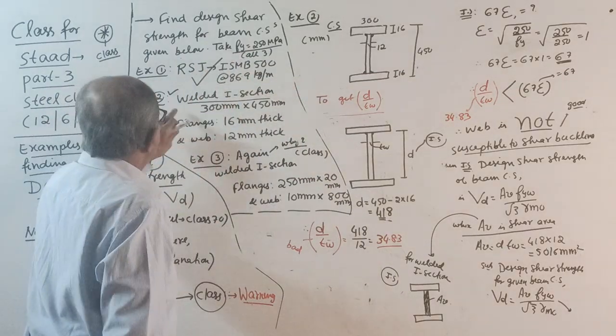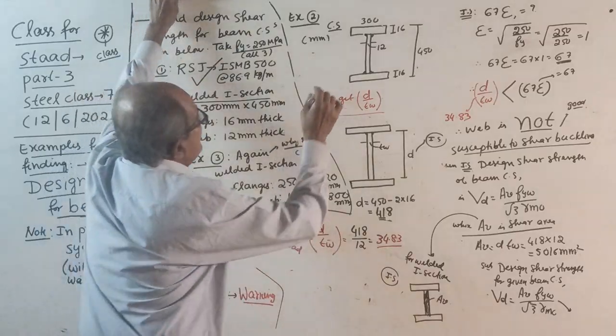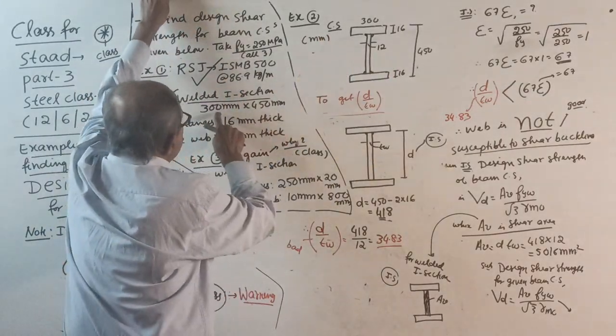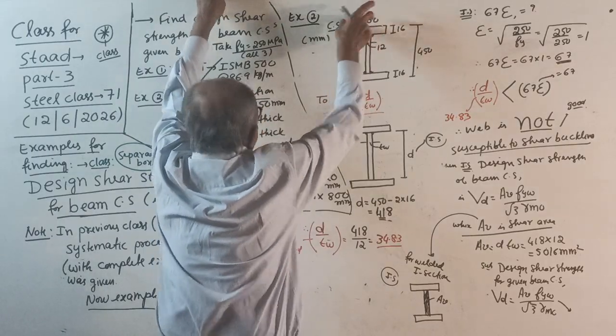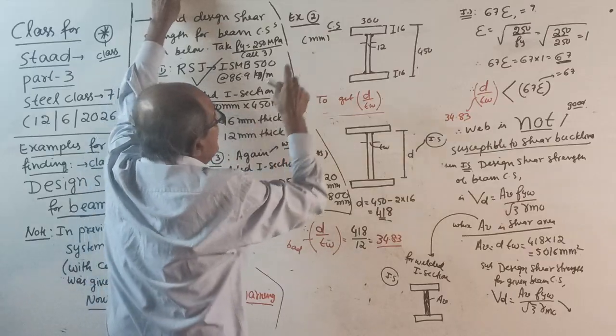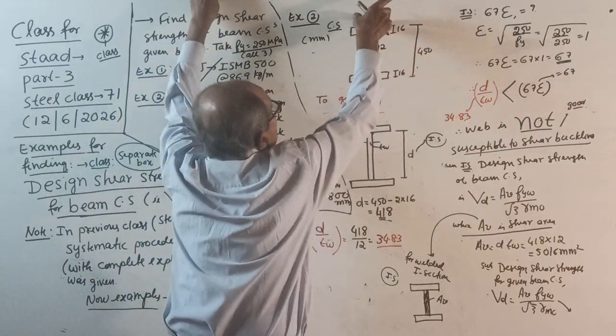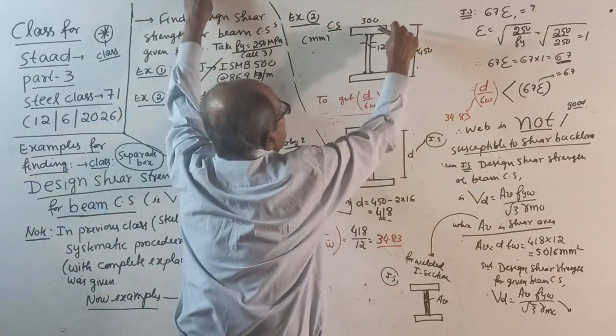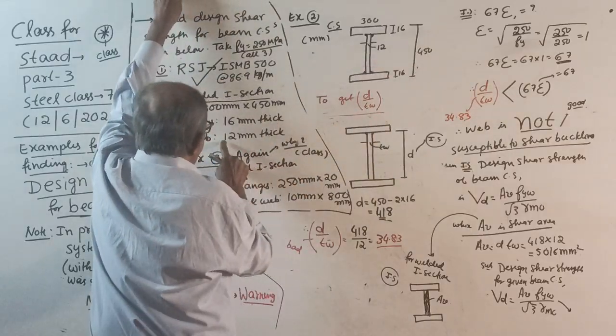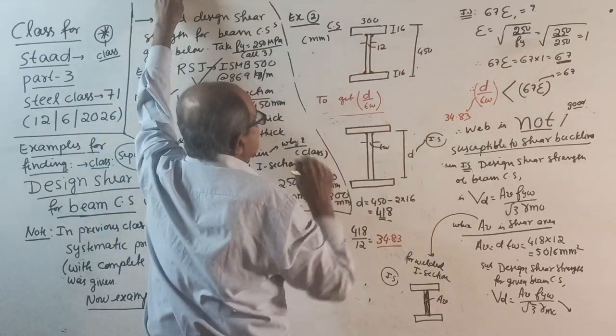RSJ is already over. Welded I section. See, this you all know. 300 by 450 means what? When they give 300 by 450, it is the overall dimensions. Flanges are 16 thick, 16, 16. Web is 12 mm thick.